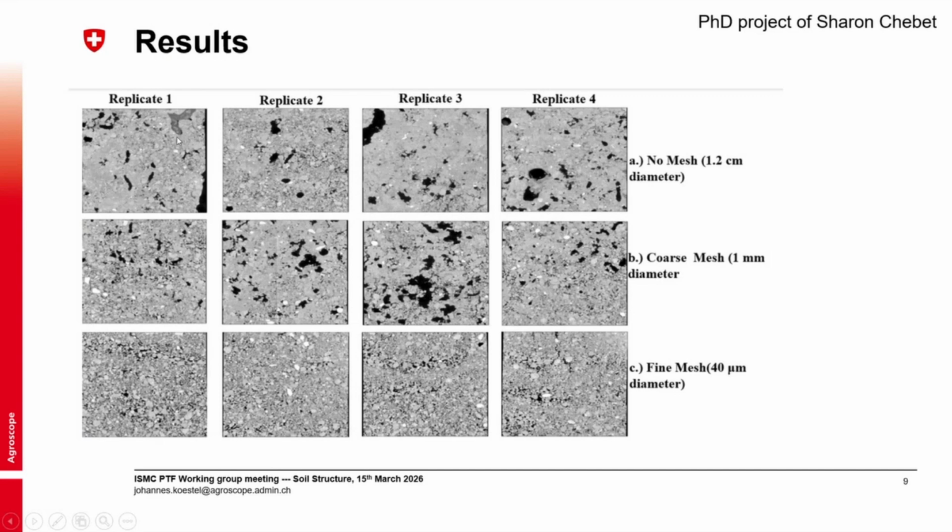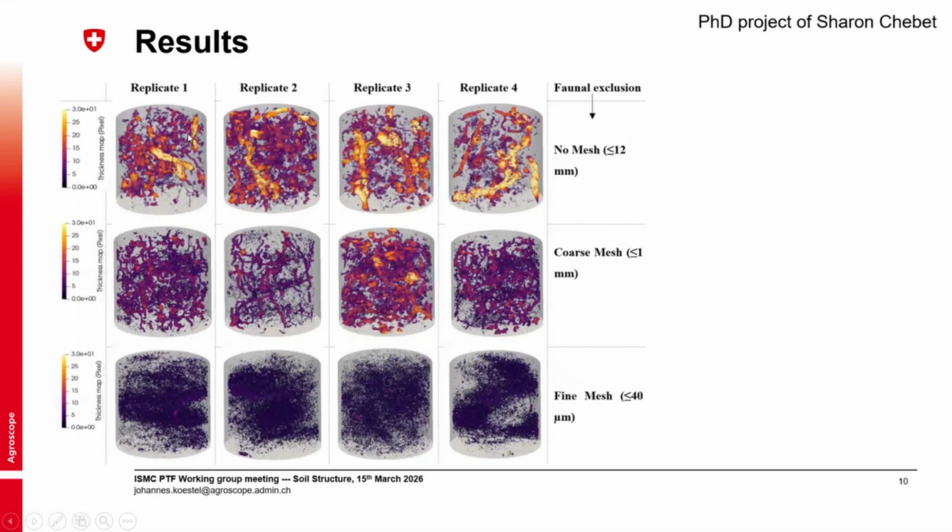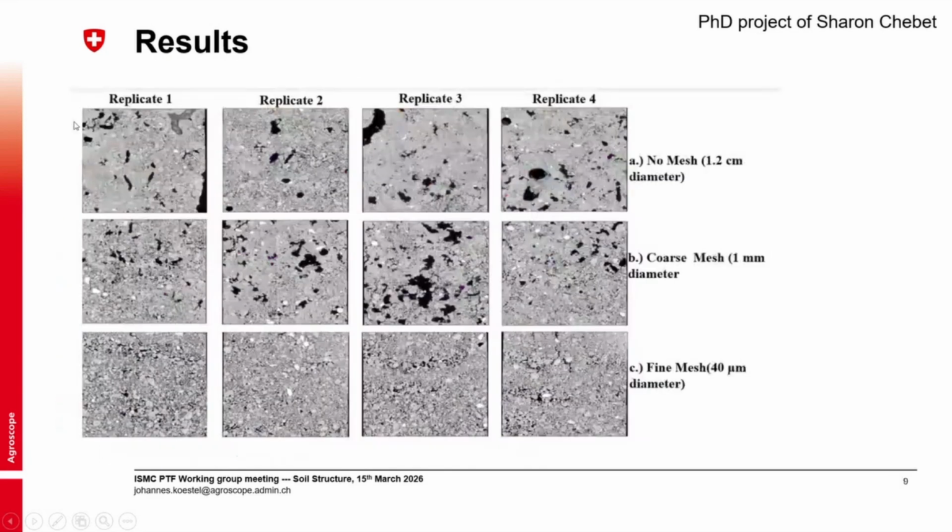Here to the upper right, in this first replicate, you see an earthworm, and you see other biopores which are characterized by roundish cylindrical shapes.